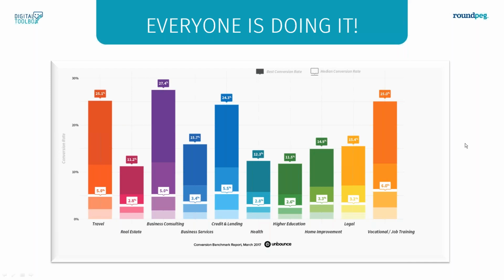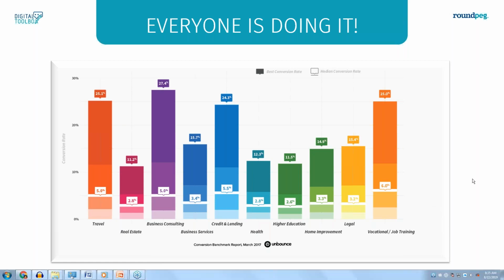As you can see, travel does significantly better than real estate. Consulting is very effective. Legal industry, moderately so. But the point is that this process works in just about any industry. So, as you're going through the presentation today, think about your business, your industry. How can it apply?